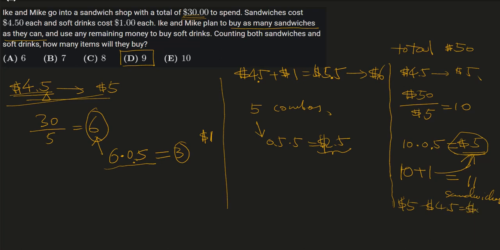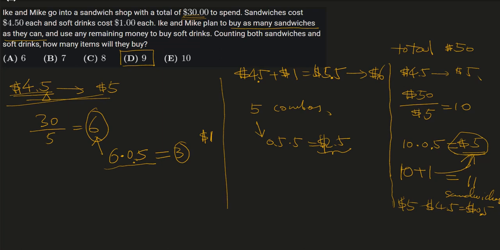You have a leftover of 50 cents, which means you can't buy any soft drinks. Then this problem becomes a little bit more interesting, right? You buy entirely sandwiches. You didn't buy any soft drinks.